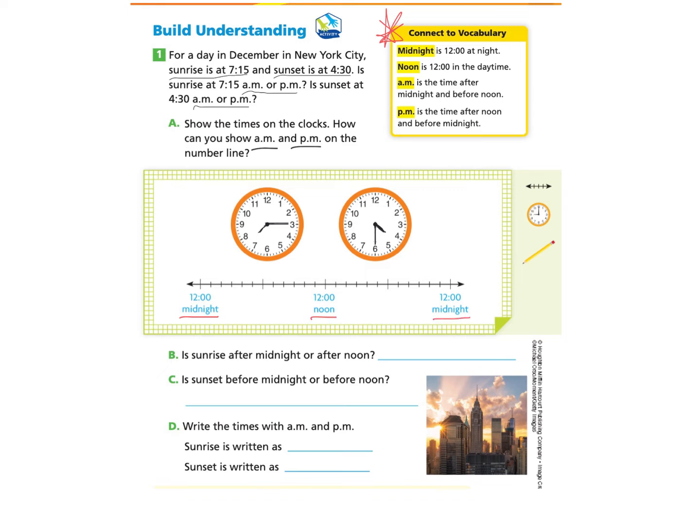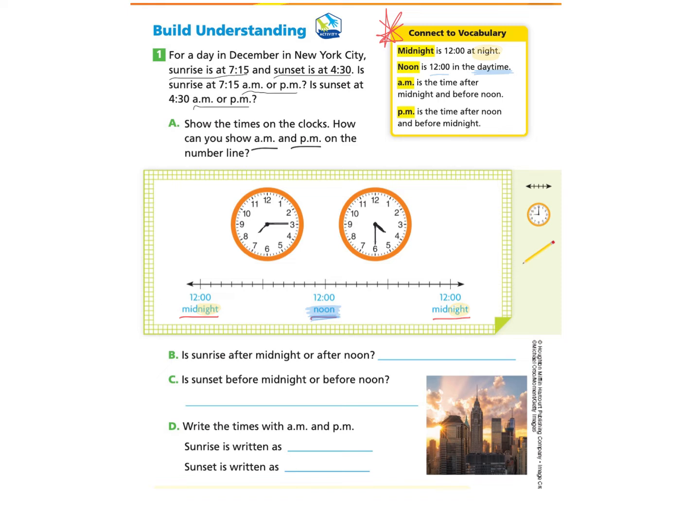So the first step is to know that 12 midnight is 12 at night. And you can see that the word night is actually in the word midnight. We also learned that noon is 12 o'clock in the daytime. So during the day when the clock hits 12, that is noon during the daytime.